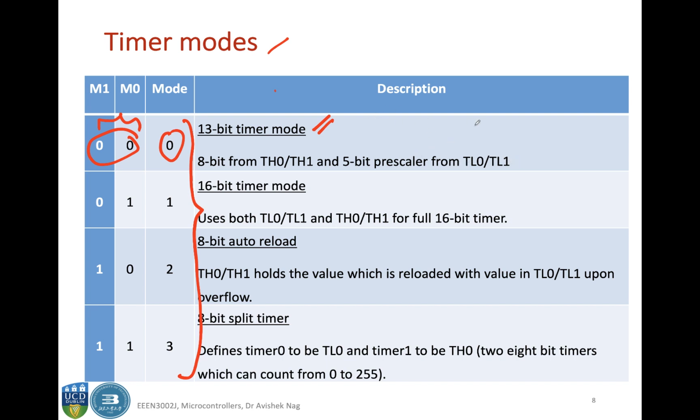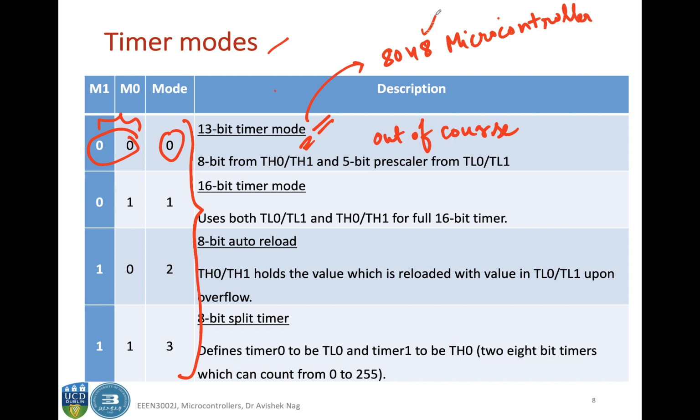This is out of the scope of this module because this 13-bit mode is used for 8048 microcontrollers, which is a predecessor of the 8051.